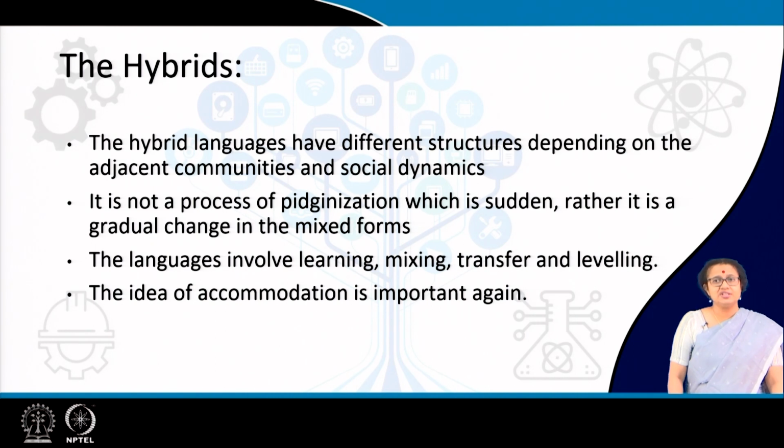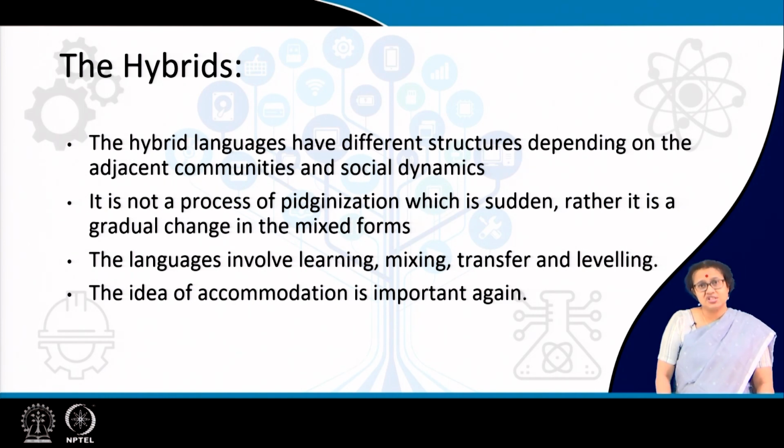If you have a number of Austroasiatic speakers adjacent to a particular point, because there are a number of Austroasiatic languages spoken in these three districts, we can find influences which are of course language contact related, and the social dynamics between the community members. If you consider the hierarchy, which can be a language hierarchy, which can be a social hierarchy, and language hierarchy can be seen as a part of the bigger social hierarchy, the hierarchy is also contributing to the nature of the hybrids.